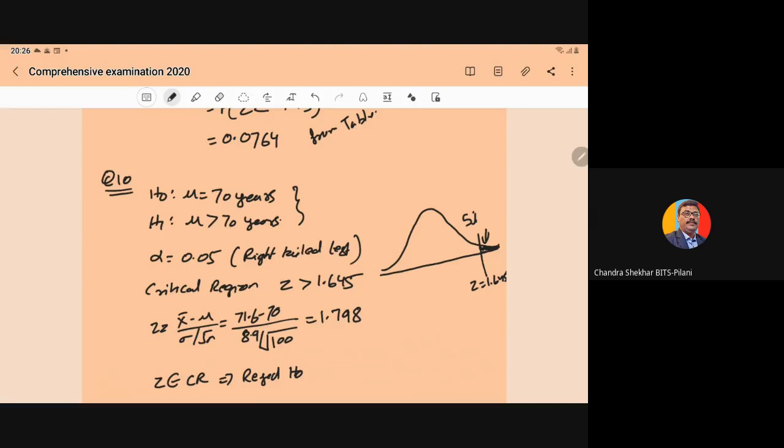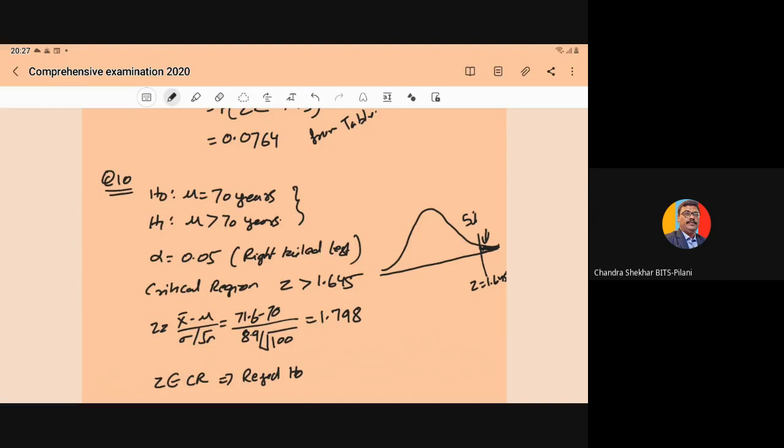So z greater than 1.645, and here we compute z as the test statistic. From the level of significance we can define the critical region, and from the critical region we can define the level of significance.